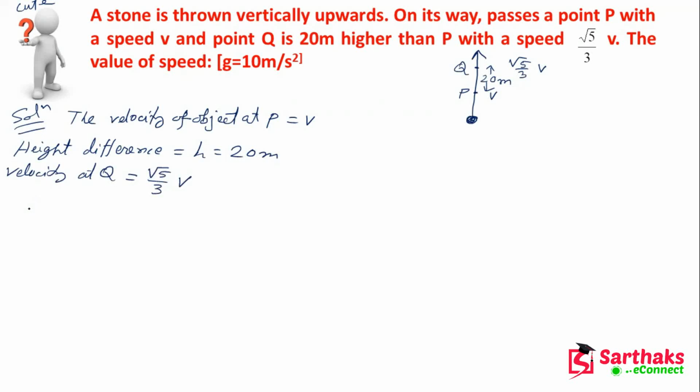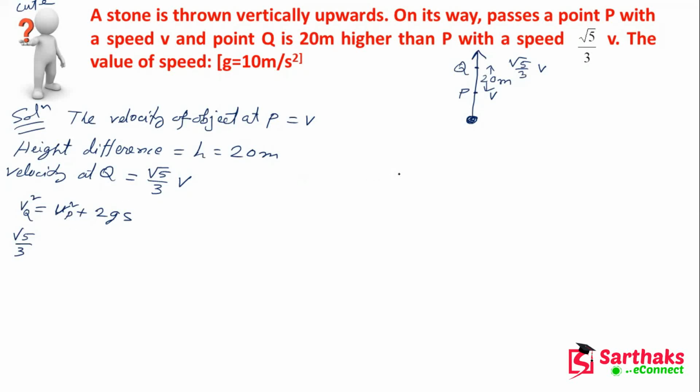So we know that according to the third equation of motion, v square equals u square plus 2gs. So here √5/3 into v is the velocity at Q point. This is the velocity at P point, so I can write this is the v at P point.